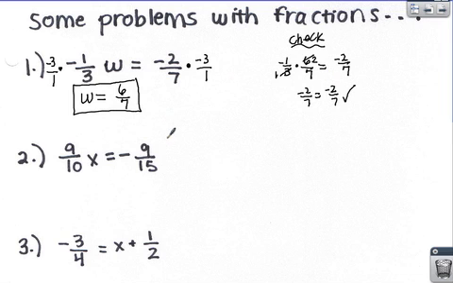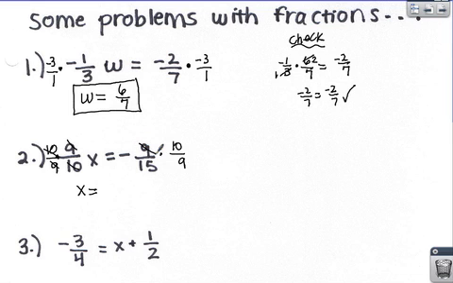You try number 2, so pause the movie and resume when you're ready. For number 2, we're multiplying x by 9/10. The inverse would be to divide by 9/10 or multiply both sides by the reciprocal, 10/9. These all cancel and give us 1x or x, and now I'm multiplying negative 9/15 times 10/9.